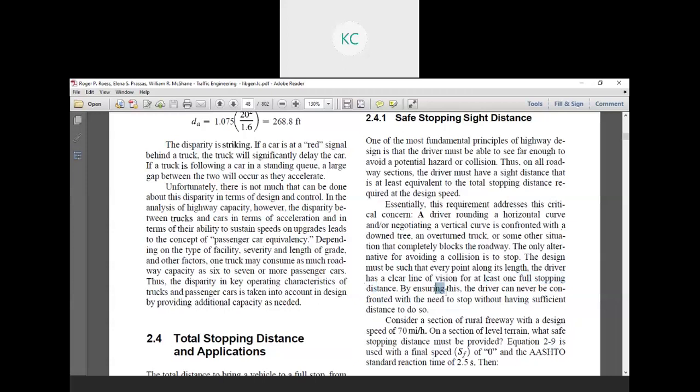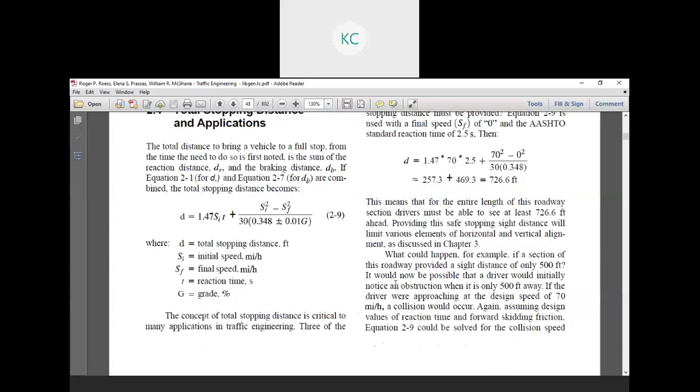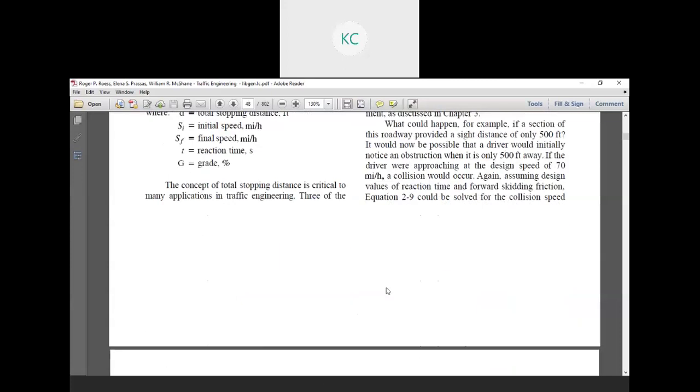By ensuring this, the driver can never be confronted with the need to stop without having a sufficient distance to do so. The stopping sight distance provides the facility that allows the driver to stop the vehicle at a certain distance without a collision or a hazardous situation.